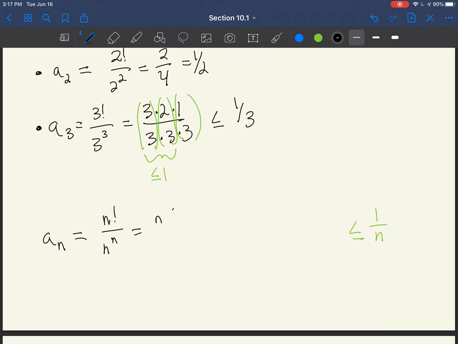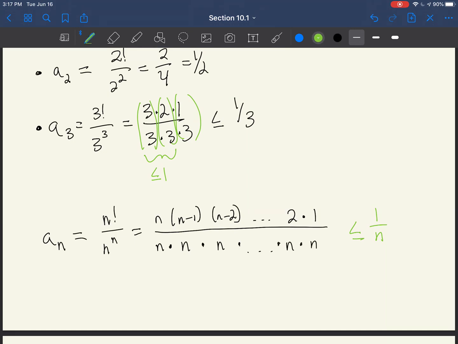Well, n factorial is n times n minus 1 times n minus 2 times ... times 2 times 1. n to the n is n times n times n times ... times n times n. And then we do the same thing we did with 3. We make a whole bunch of fractions, n fractions. The first fraction is 1.